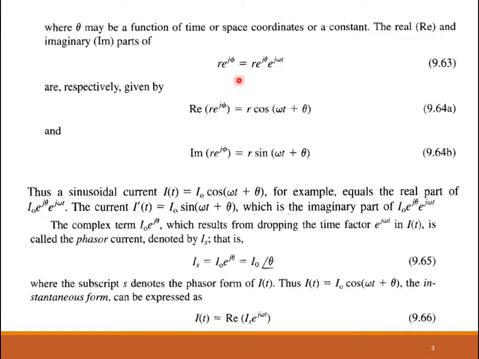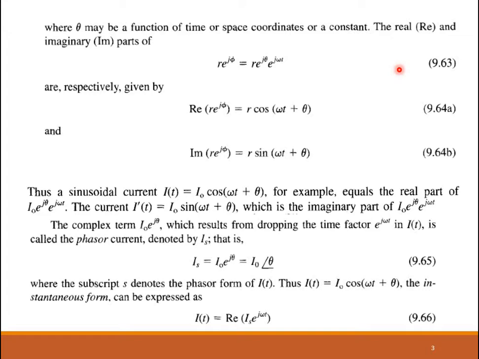This again can be written as r cos omega t plus theta plus j sine omega t plus theta. This equation 9.63 can also be written as small r cos omega t plus theta plus j sine omega t plus theta.